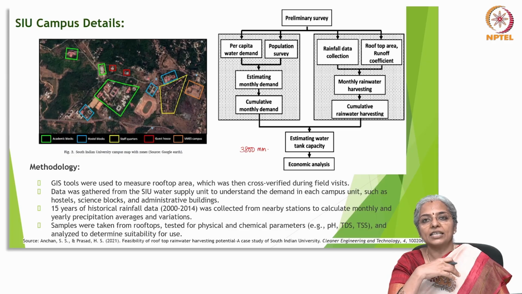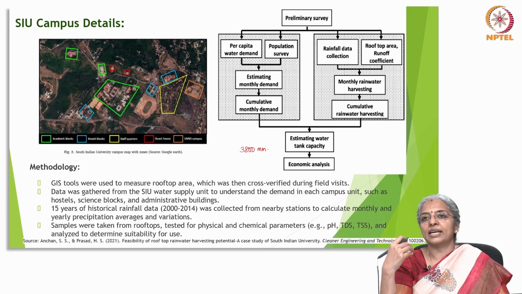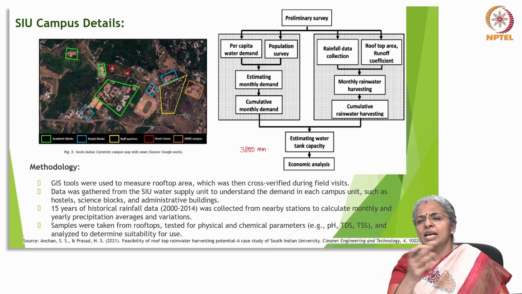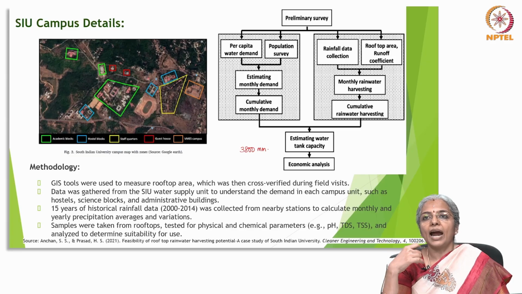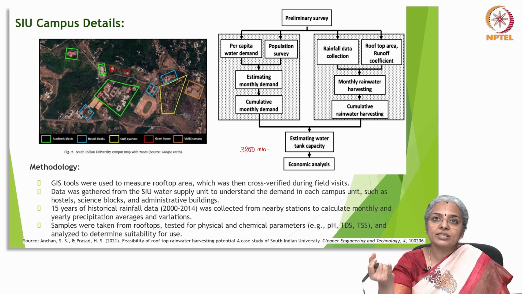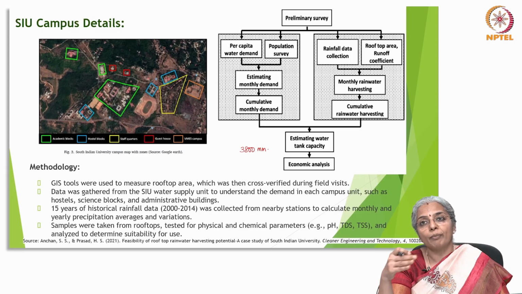This campus has lots of other buildings such as administrative blocks and hostel blocks, academic buildings, staff quarters, gardens, typical of any institutional campus. The main water supply is got from Netravati river, and that requires a lot of pumping, because of which cost increases, efficiency gets reduced and it has a lot of management issues also.